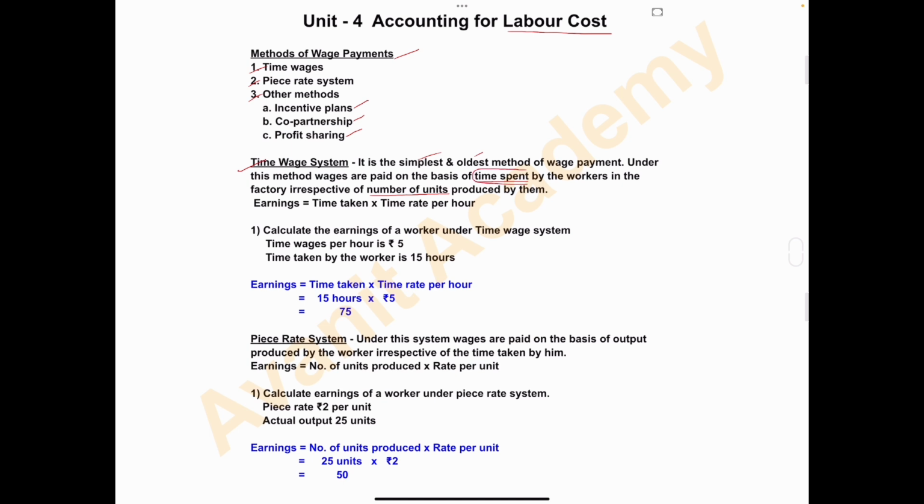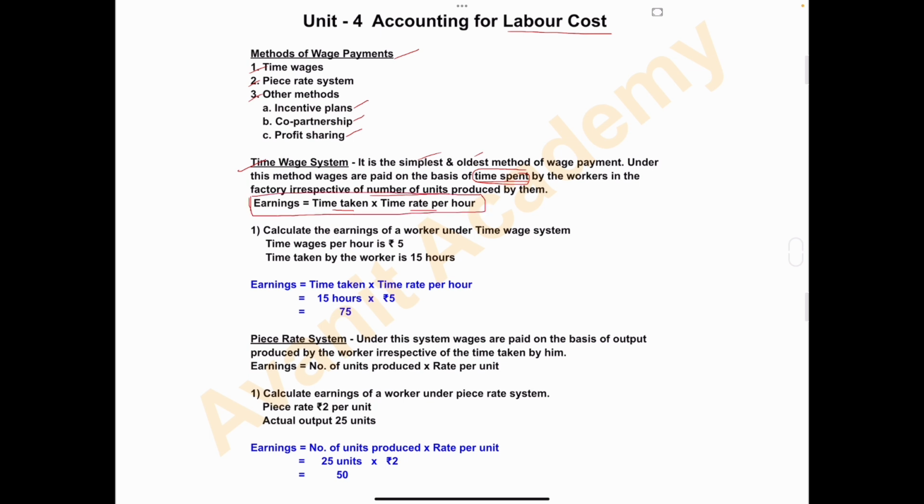Okay, how many hours they have worked in the factory, on the basis of that, they are paid remuneration and not on the number of units produced by them. Here is the formula to calculate the earnings of workers under time-based system. Earnings is equal to time taken into time rate per hour.